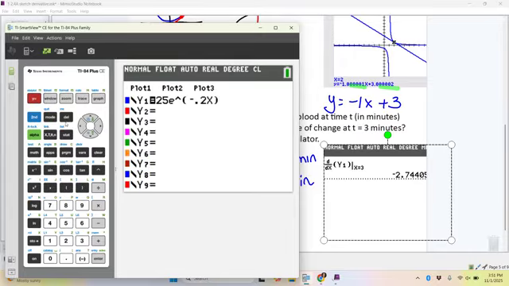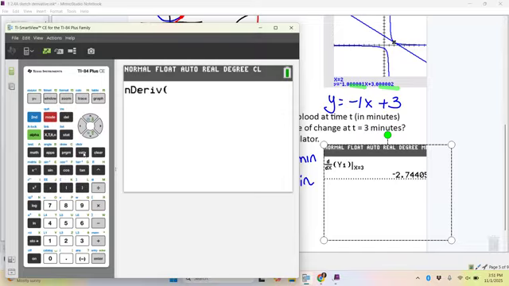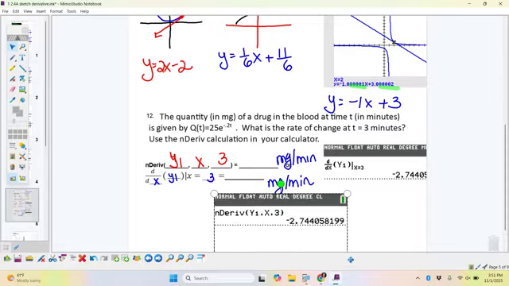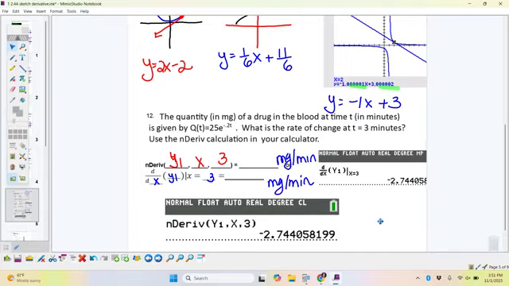The equation's still in y equals. Vars, y1, comma, x, comma, 3. Same answer. So the answer is 2.7. Oh, it doesn't tell us decimals. All right, let's just do 2.74, negative 2.74 milligrams per minute.